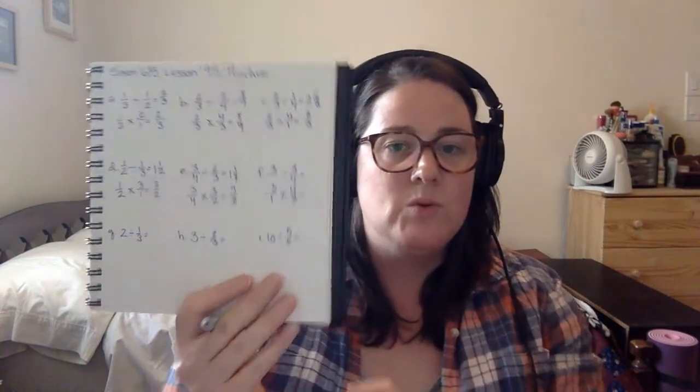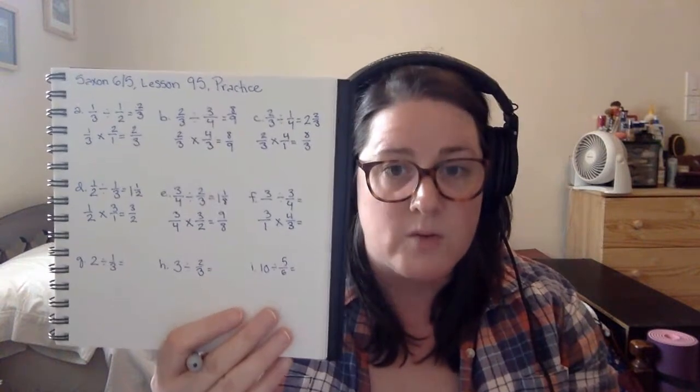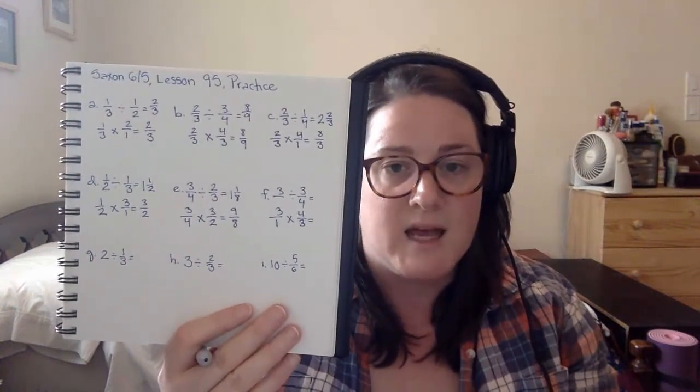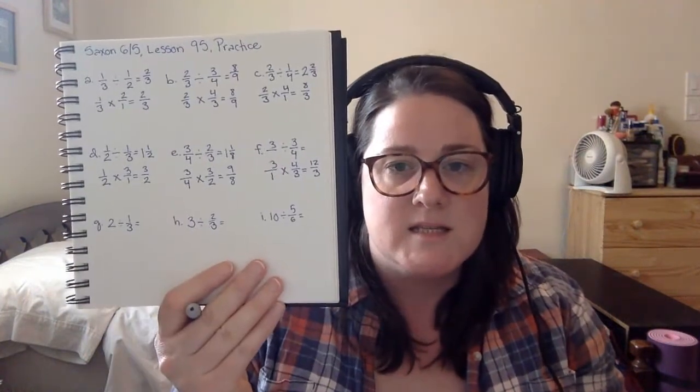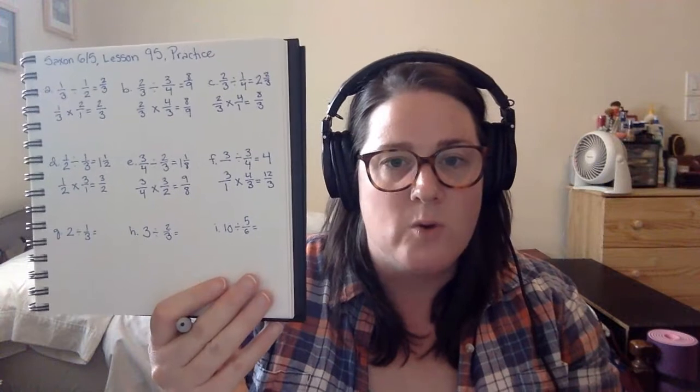So my new equation is 3 over 1 times 4 over 3. 3 times 4 is 12. 1 times 3 is 3. And my product is 12 over 3. This 12 over 3, expressed as a proper number, because it's not a fraction, is going to be the whole number 4.